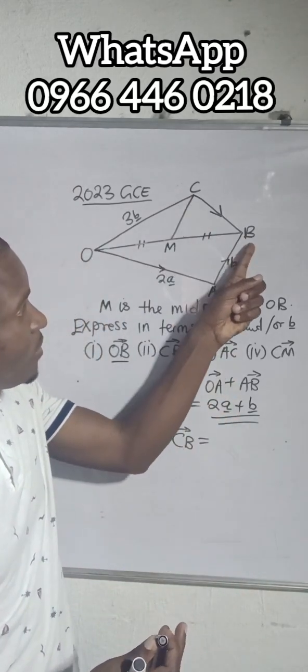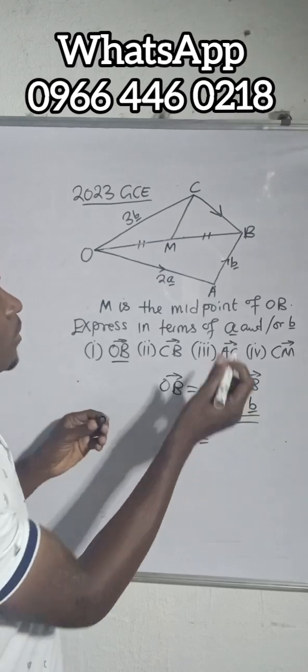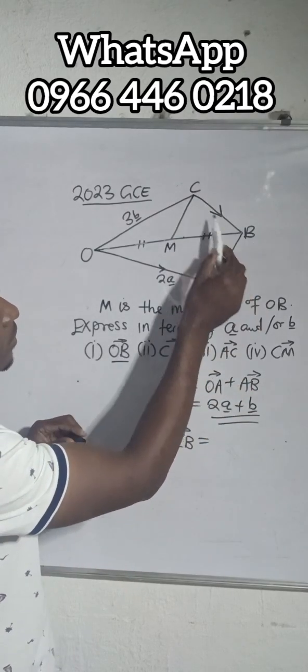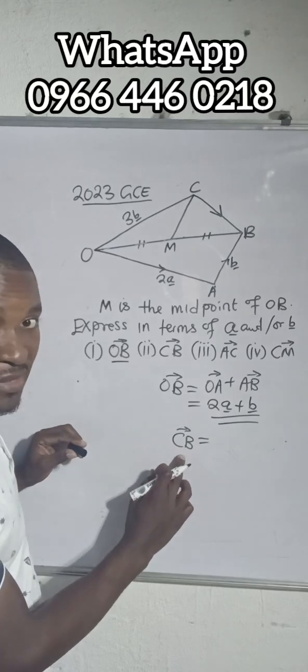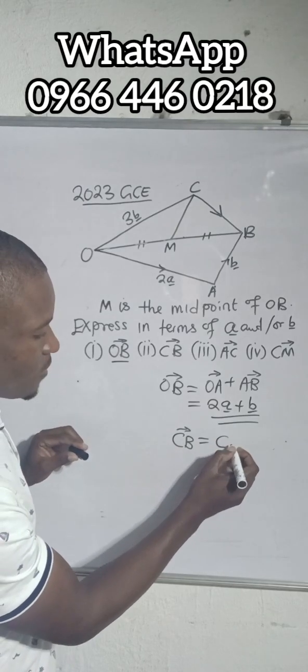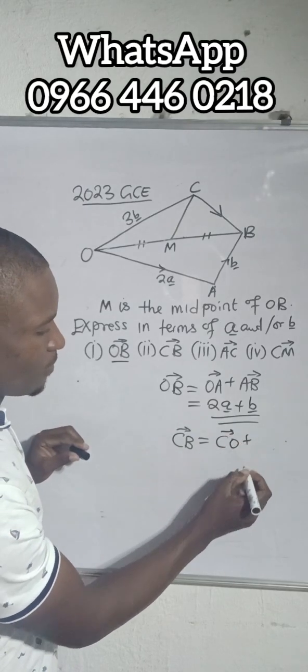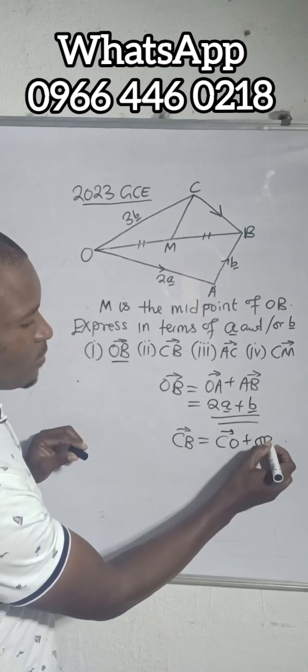So CB equals CO plus OB. So you get the C here, and then you say CO plus OB.